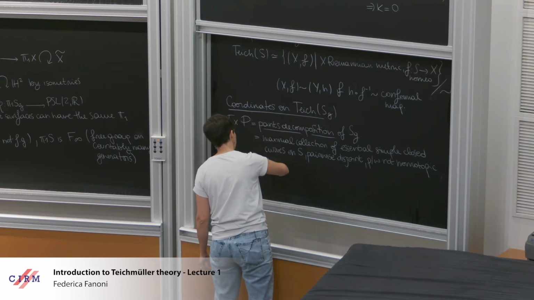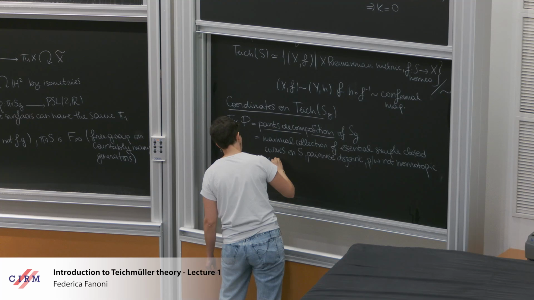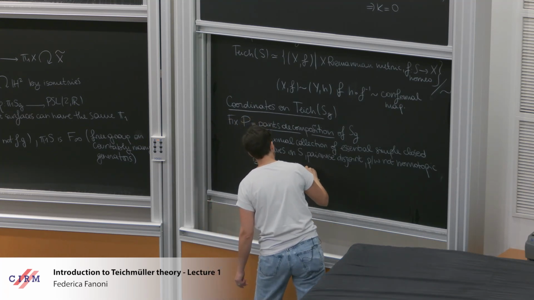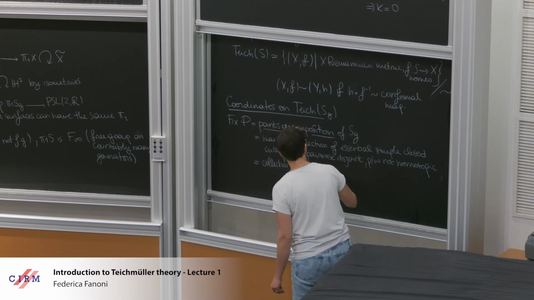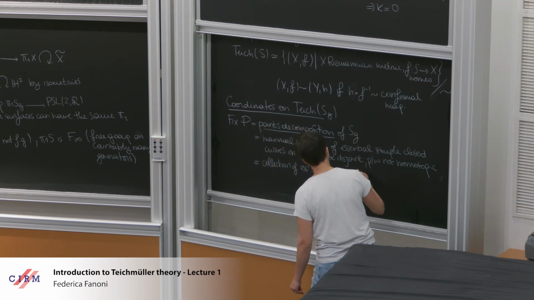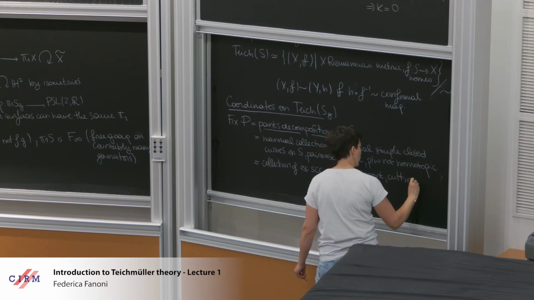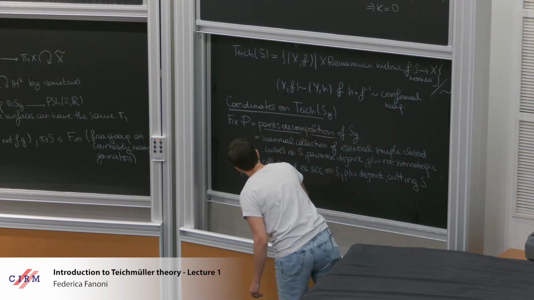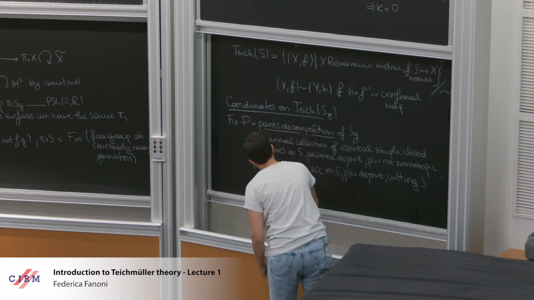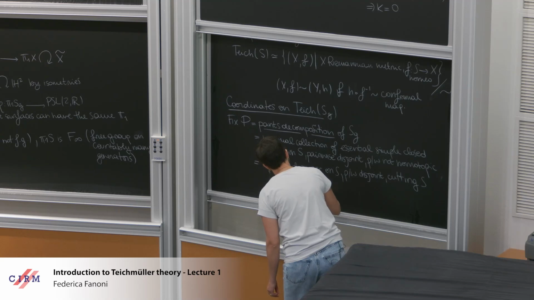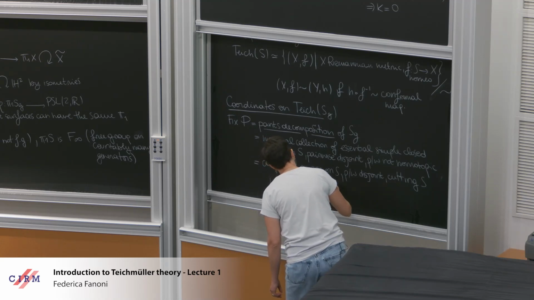So this is a collection of essential simple closed curves on S, pairwise disjoint, which cut the surface into three-holed spheres, or punctured spheres, depending on how you prefer to think about it. And these three-holed spheres are what we call pairs of pants.